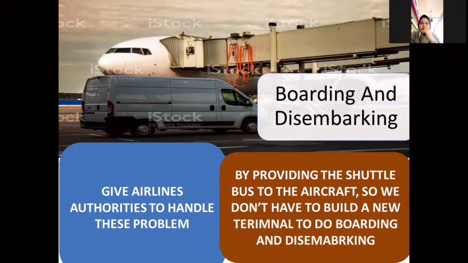I think you already know, and you can see in the complaint analysis, that boarding and disembarking has the poorest rating from customers about complaints. To resolve this problem, we have to give the airline authorities the responsibility to handle it, such as by providing a shuttle bus to the aircraft, so we don't have to build a new terminal for boarding and disembarking.